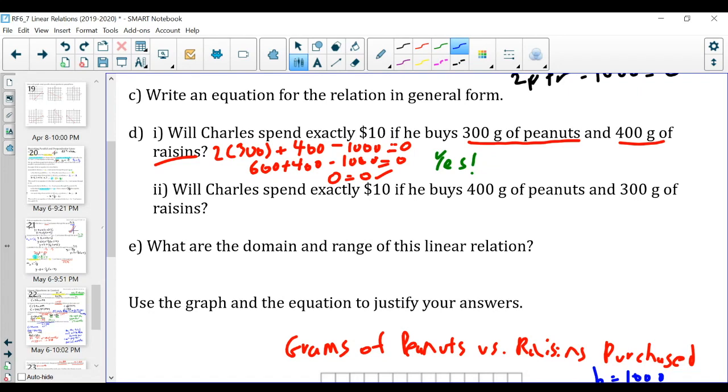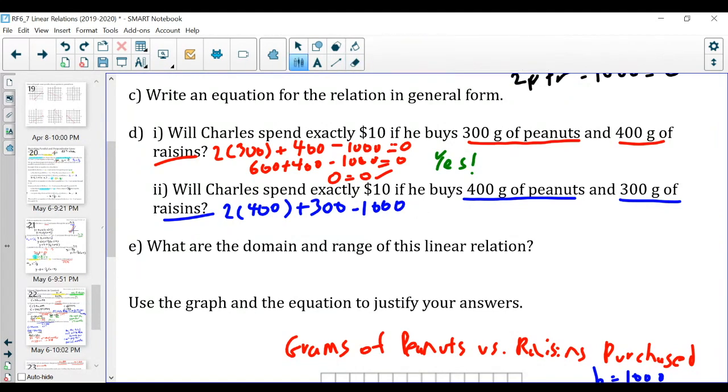Now we're being asked, what happens if he buys 400 grams of peanuts and 300 grams of raisins? So now in this case, we're going to have 2 times 400 plus 300 minus 1,000. And I am really struggling with that 1,000. Holy cow. Minus 1,000 is equal to 0.